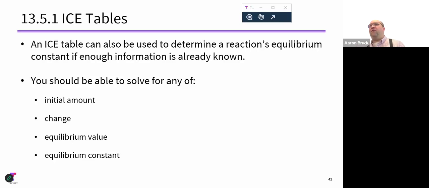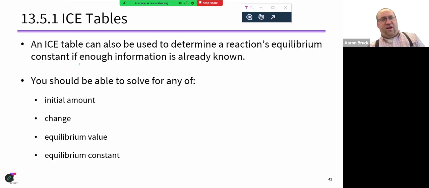So this is what it means when it says if enough information is already known. I need three of the four of those to find the other one that's missing.